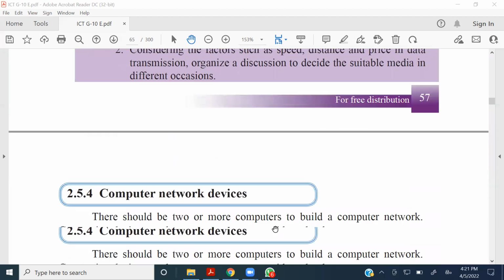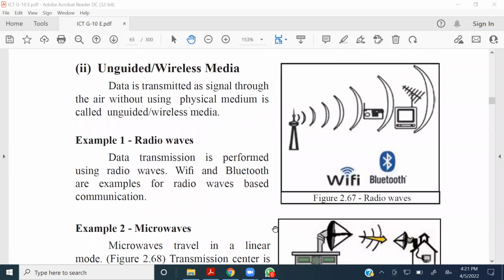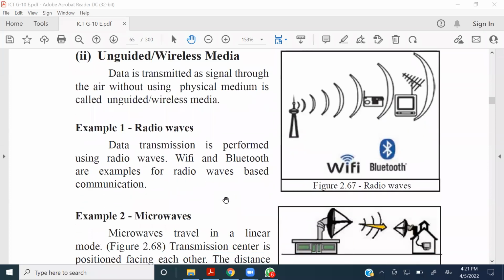Okay, so let's quickly write this down, then we can go on to the network devices. All right, have the heading unguided media. It's better you write the classification.